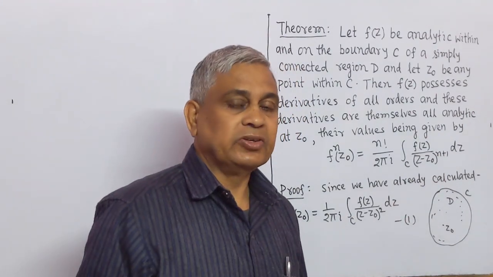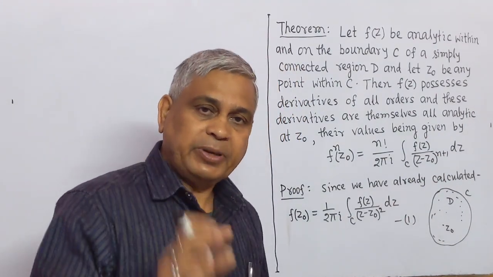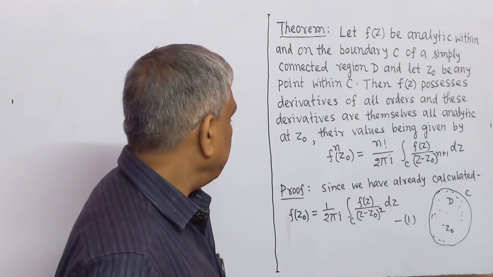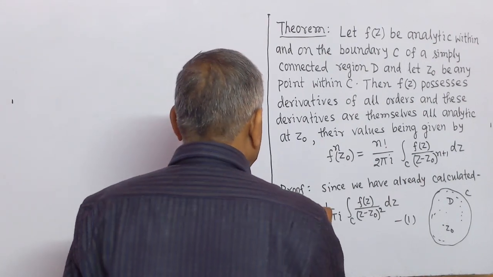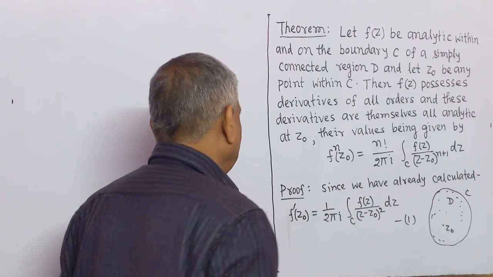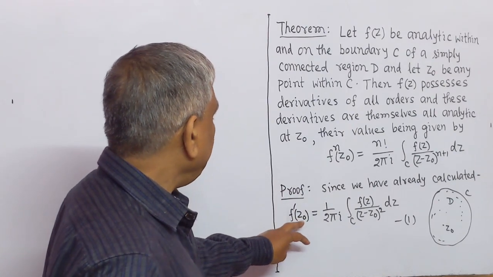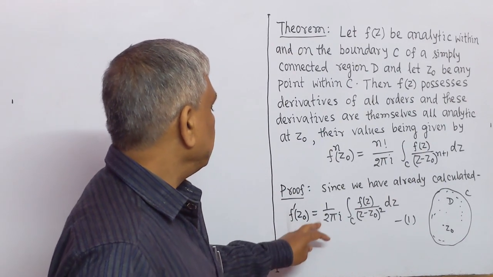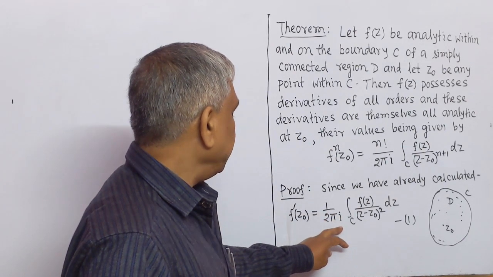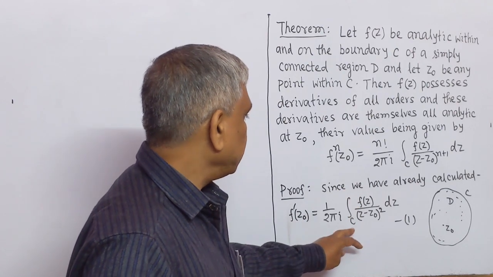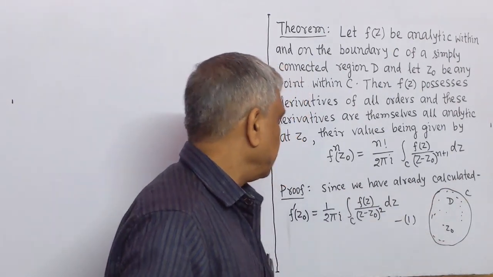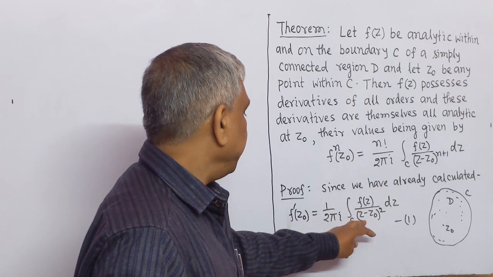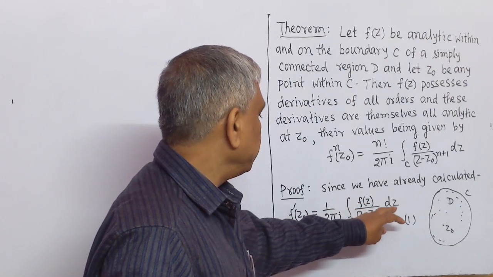Now we prove this. In the previous lecture I have already shown that the derivative of an analytic function at the point z equal to z naught equals 1 by 2 pi i, integration along the closed curve C, f(z) by (z minus z naught) whole square dz.